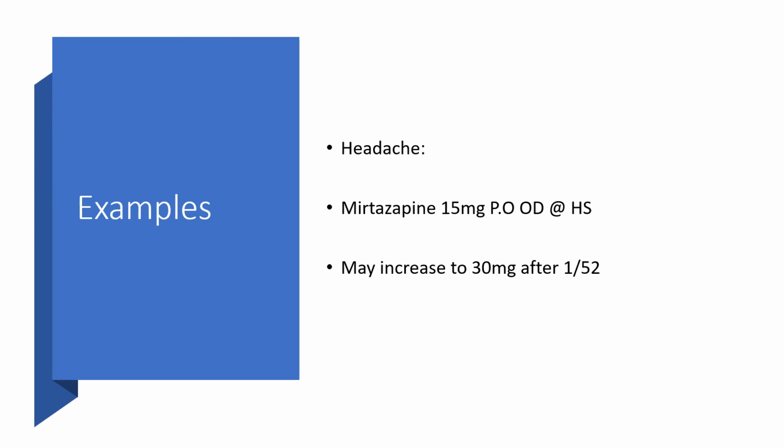Examples of situations where we can use mirtazapine are the following. Headache. Can give mirtazapine 15 mg once daily at hour of sleep. May increase to 30 mg after 1 week.